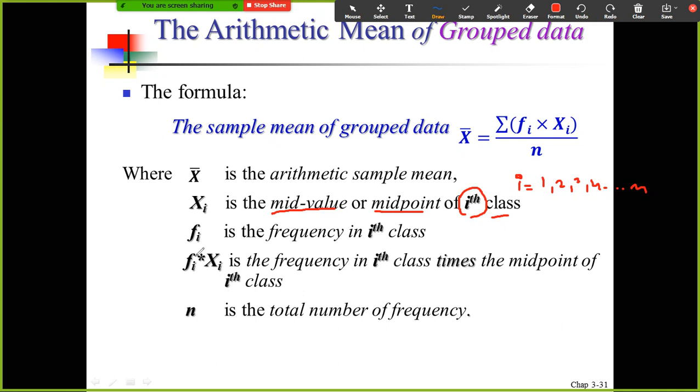If you know the midpoint of every class and the frequency of every class, you just multiply these values together, sum them together, and divide by n. What is n? n is the total observations or total frequency of our table.